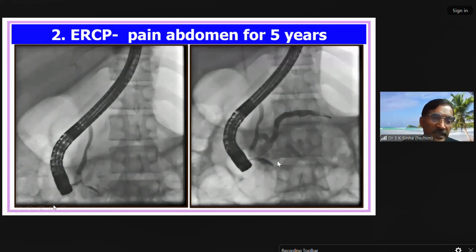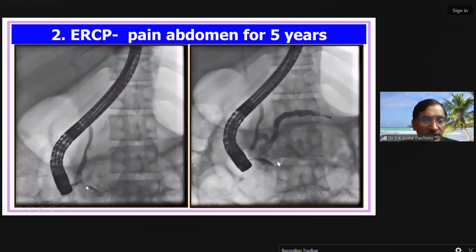In the first slide, what you are seeing is a duct going downwards. Any duct which is going downwards from your cannula position should not be the pancreatic duct. The pancreatic duct should be going obliquely and crossing the vertebral body. That is very important.